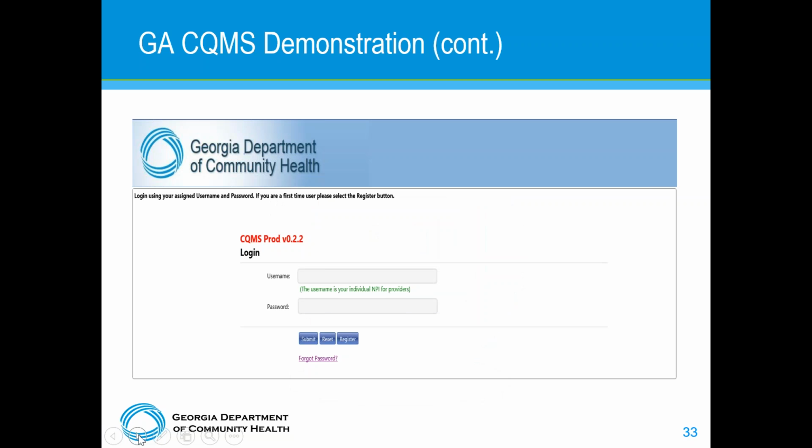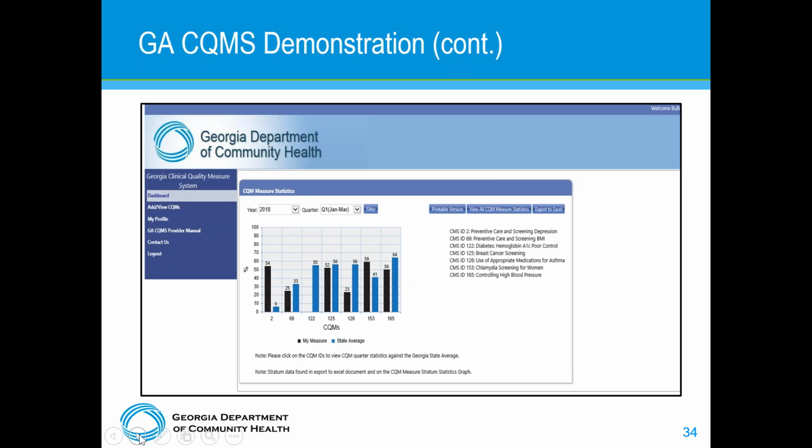The system has a login screen, very typical of most login screens, where we use SSL to encrypt password and username. Once you are registered and approved, we send that information directly to you so you can start working in this system. As a registered provider, once you're logged into the CQMS, the dashboard will be displayed.